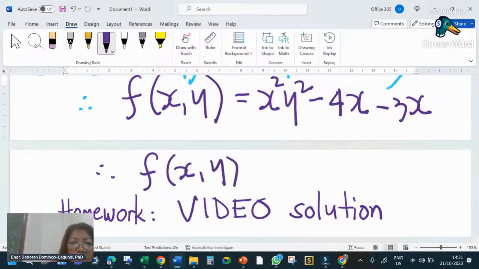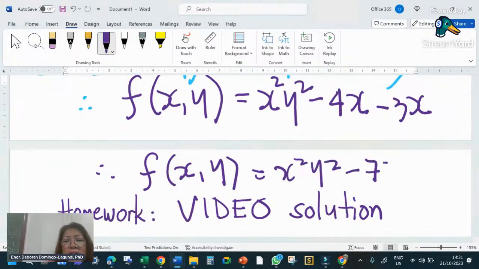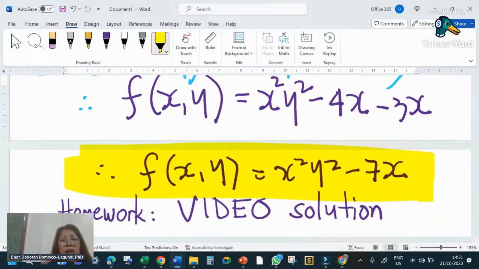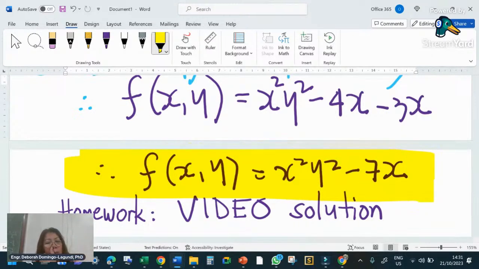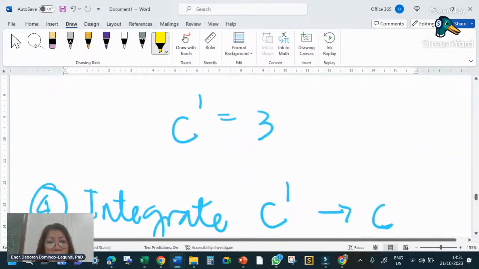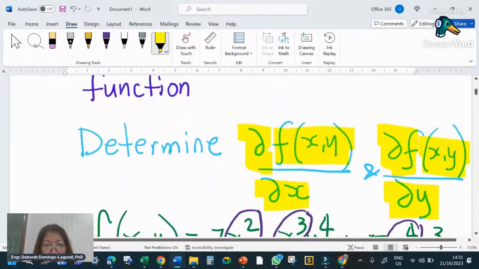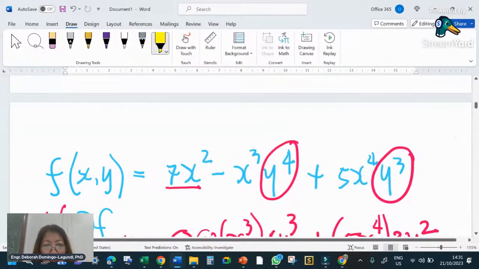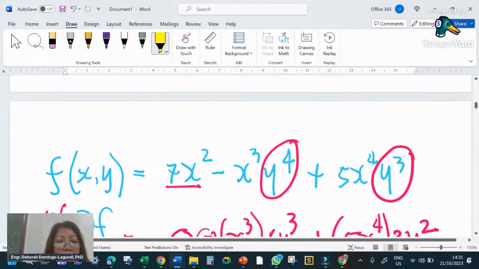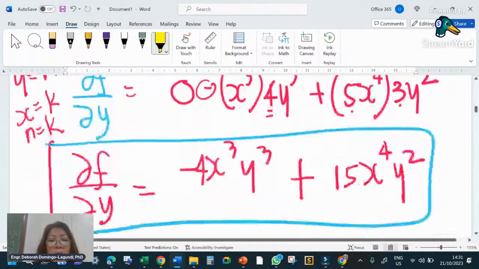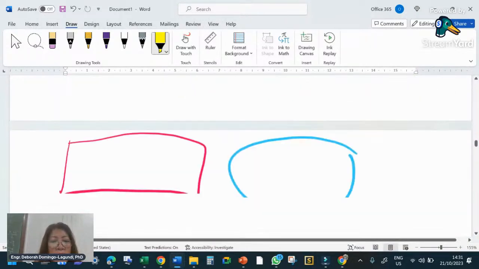Function of xy is equal to x squared y squared minus 7x. So this is the particular solution of our very long equation that says, oh no, that's not the one, I'm sorry, I'm confused.